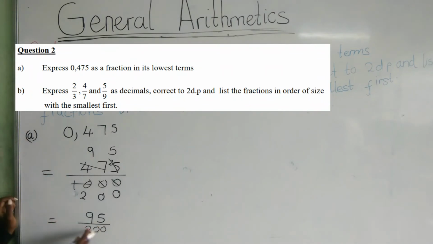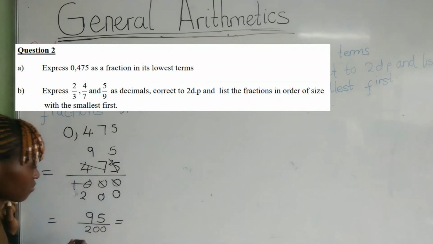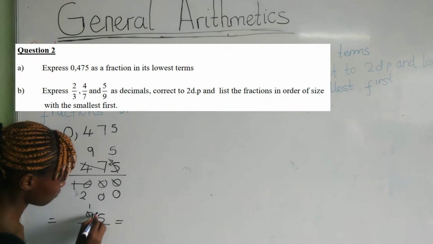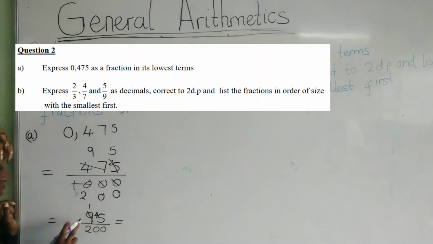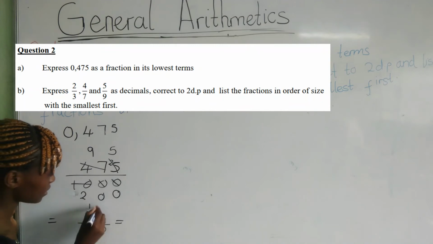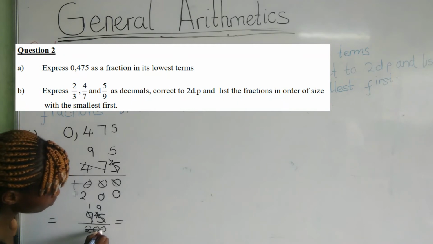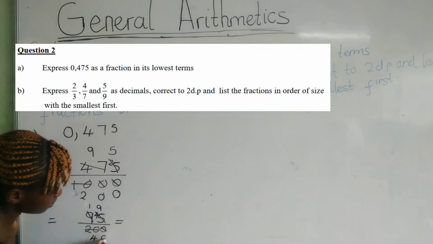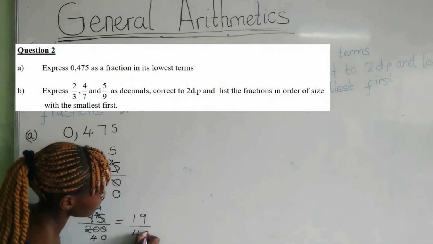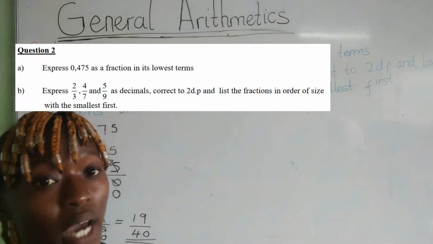I simplify it by 5 again. 5 into 9 is 1, remainder 4. 5 into 45 is 9. 5 into 20 is 4. 5 into 0 is 0. So you are going to get 19 over 40.